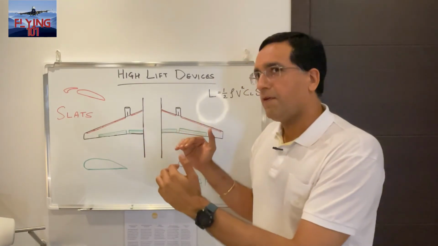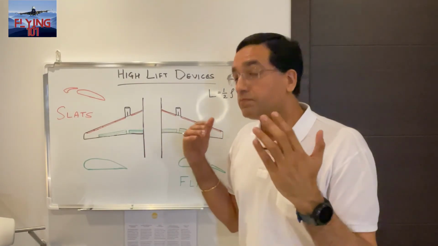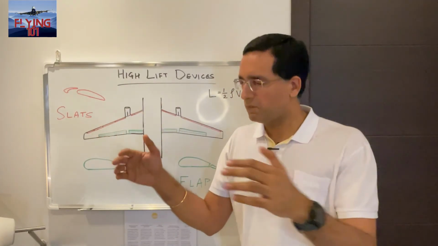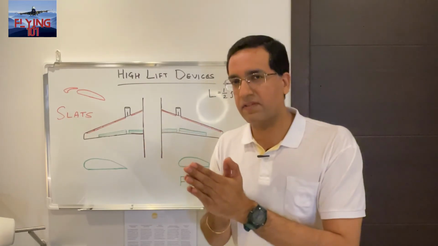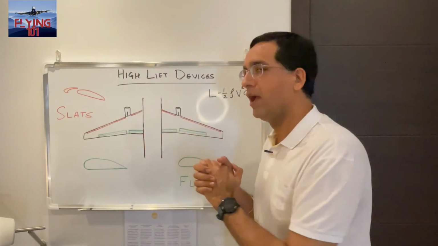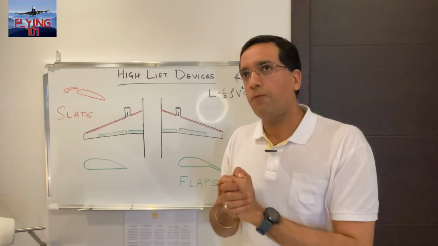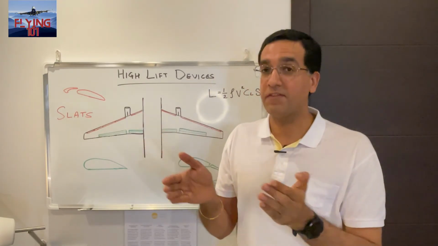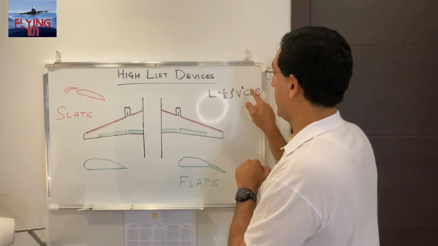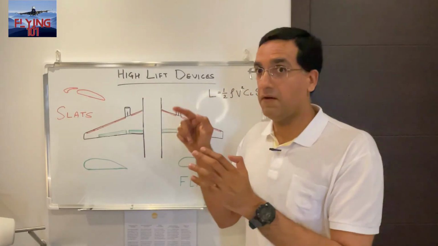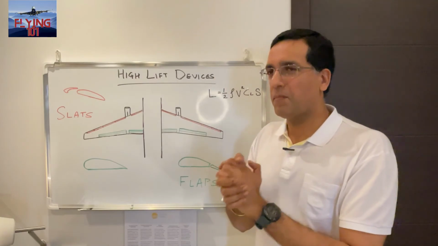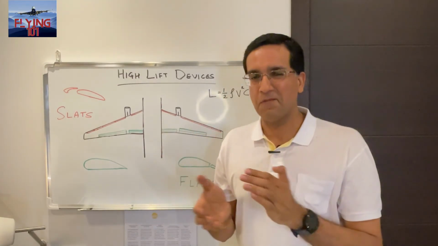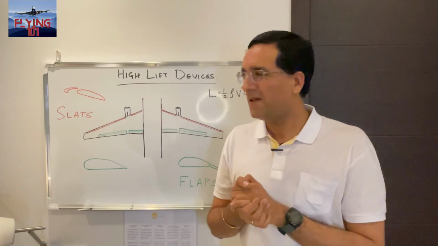Flaps, which are typically found on the trailing edge, there are some aircraft which have flaps on the leading edge as well, but for the purposes of this explanation, let's just consider flaps to be on the trailing edge. They would allow for the camber of the wing to be increased once extended, and maybe the surface area too, which will allow for a greater coefficient of lift and surface area, and so it would be possible to reduce the airspeed to generate the same amount of lift and therefore reduce the takeoff and landing distances.